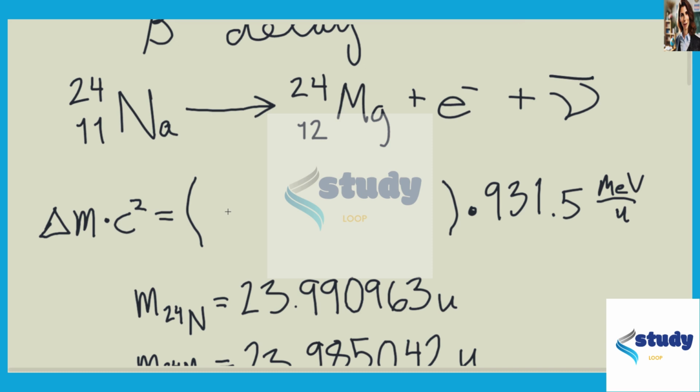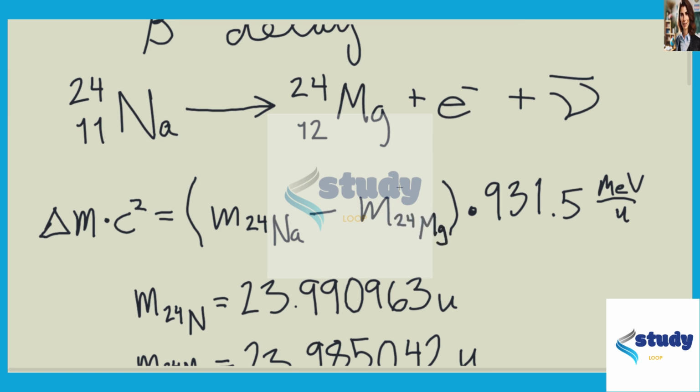And then we will convert that change in mass to an energy using our 931.5 conversion constant, that's mega electron volts per atomic mass unit. So symbolically, we have our sodium 24 isotope, and we're going to subtract from that the atomic mass of our magnesium 24.